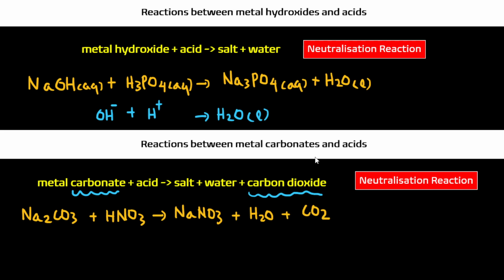Students tend to forget to write carbon dioxide when it involves carbonate, but since we have carbonate, we are always going to produce carbon dioxide. All right, so in the same way, we can see in this equation that since carbon dioxide is produced, we will have a very milky solution. Okay, it won't be very clear like normal solutions would be.